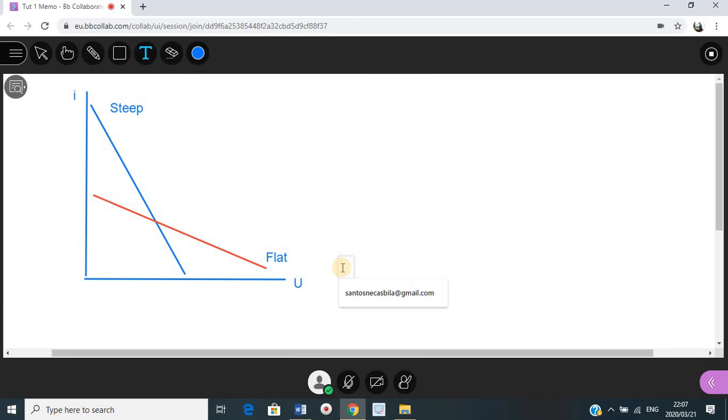What we are trying to say is that, according to my opinion, the Reserve Bank should consider the flat one, because in this way they can allow inflation to rise a little bit.